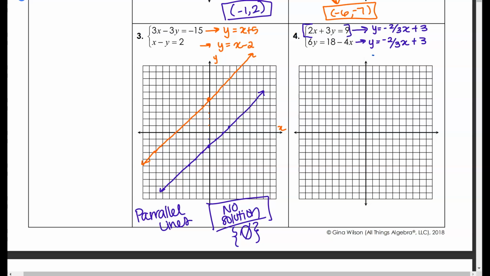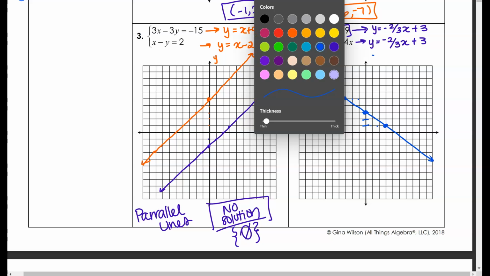And so if I were to graph this +3, so here's 1, 2, 3, I'm going to have a negative slope, so I'm going to go down 2 over 3, 1, 2, 3, up to 1, 2 over 3, 1, 2, 3. I'm going to have a line that looks like this, but that second line is that same exact line.